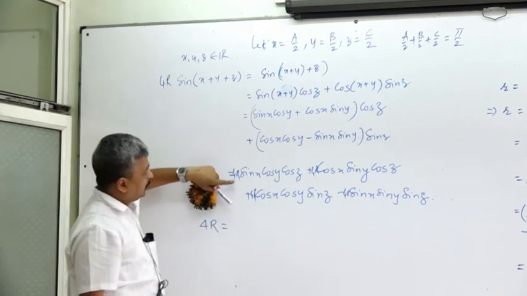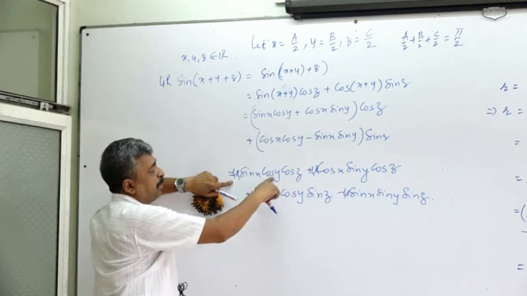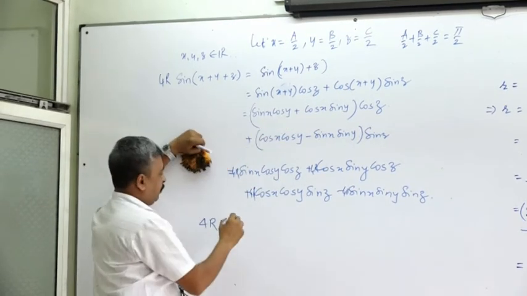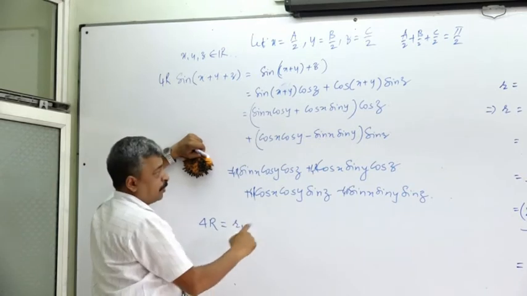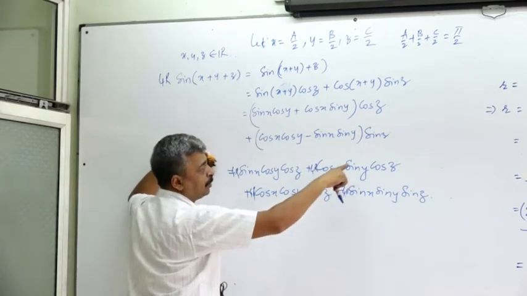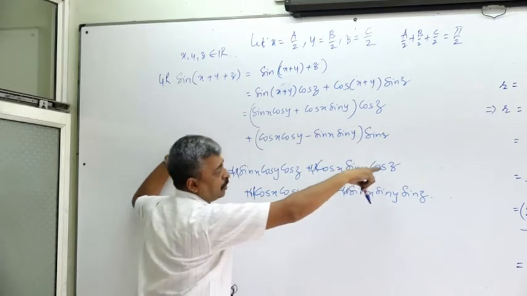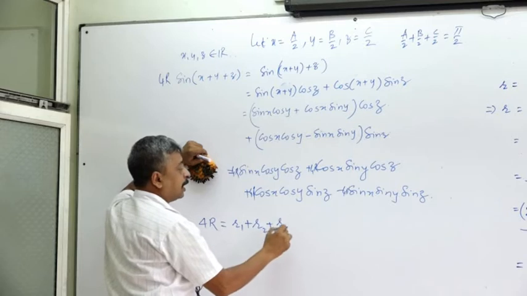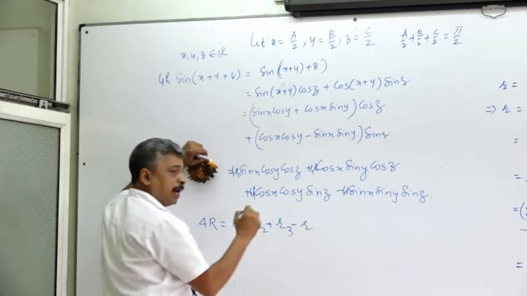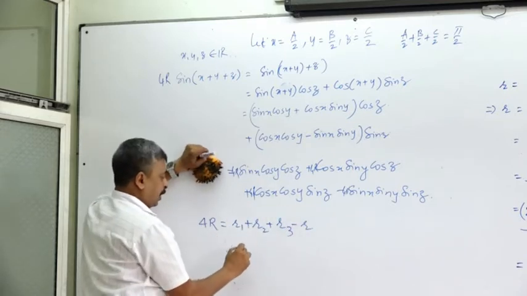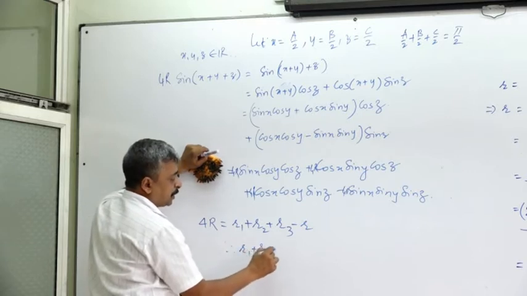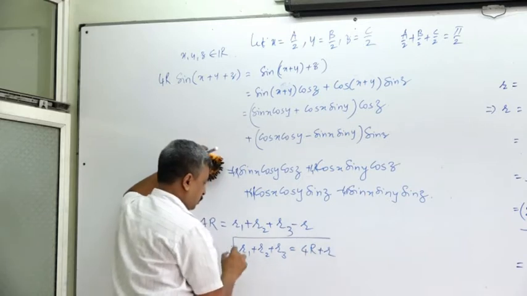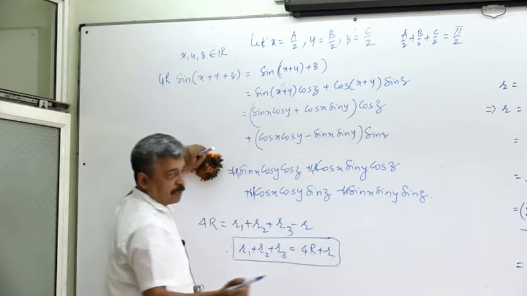And what is RHS? 4R sin A by 2 cos B by 2 cos C by 2, which is R1, plus cos A by 2 sin B by 2 cos C by 2, R2, plus R3 minus R. Therefore R1 plus R2 plus R3 is equal to 4R plus R. This is Steiner's theorem.